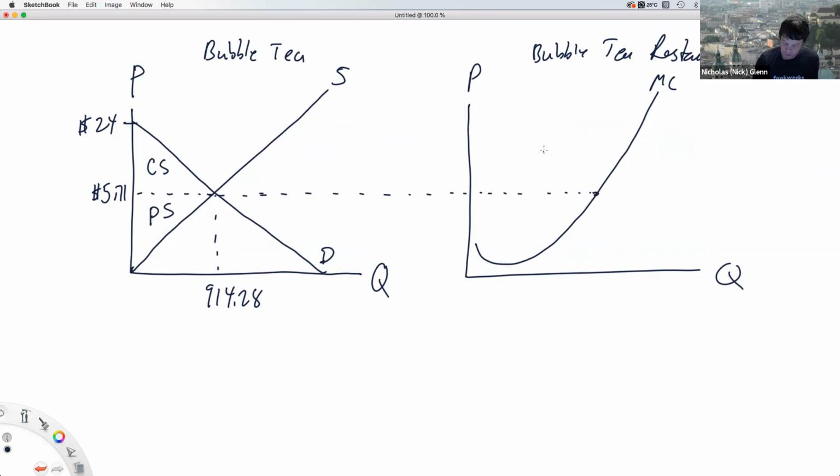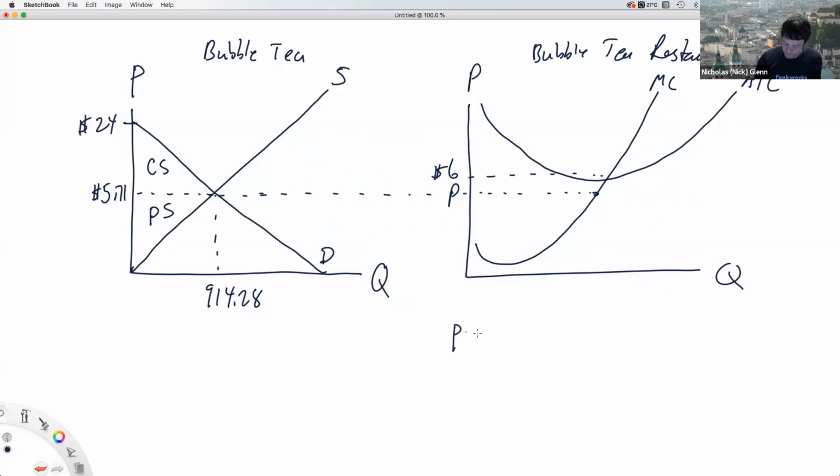And we're saying the average total cost here is going to be $6.